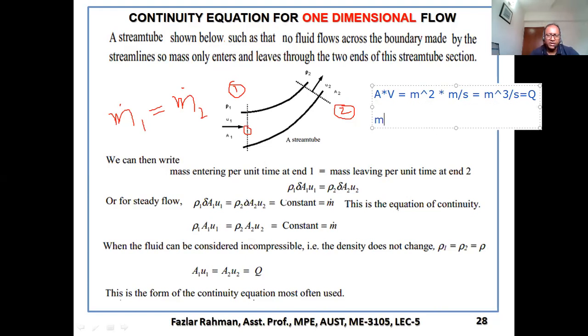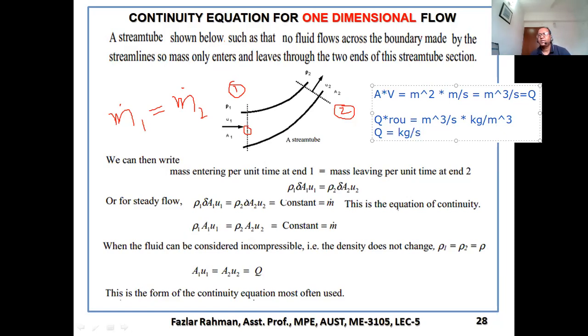So if Q is meter cubed per second, and you multiply by rho, then what do you get? Q is meter cubed per second, then you multiply by density. Rho is the density, kg per meter cubed. Then you see meter cubed will cancel out, so you will have the unit kg per second.